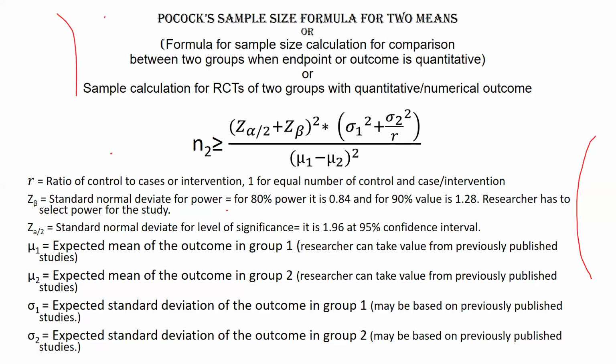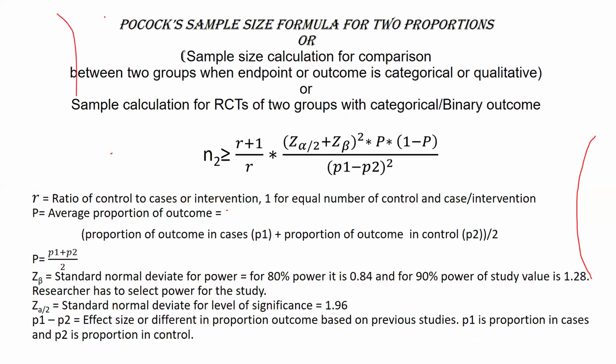And after 6 months, we want to assess the effect of this yoga and meditation on serum creatinine level among CKD patients. So we have to use this formula to calculate sample size. We cannot use the earlier formula. That is for two proportions, because we know serum creatinine level is numerical, quantitative.